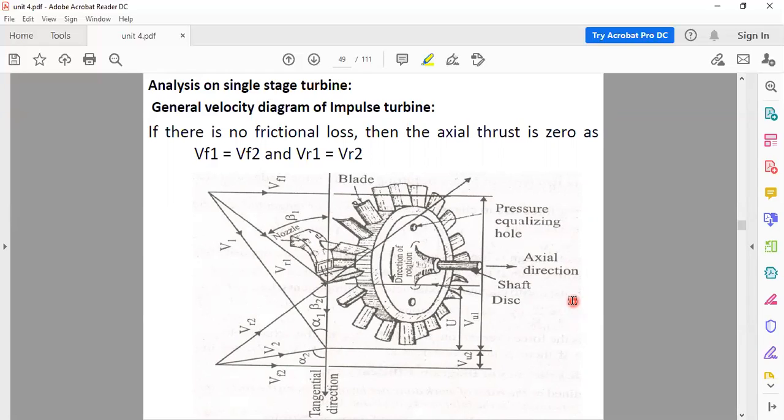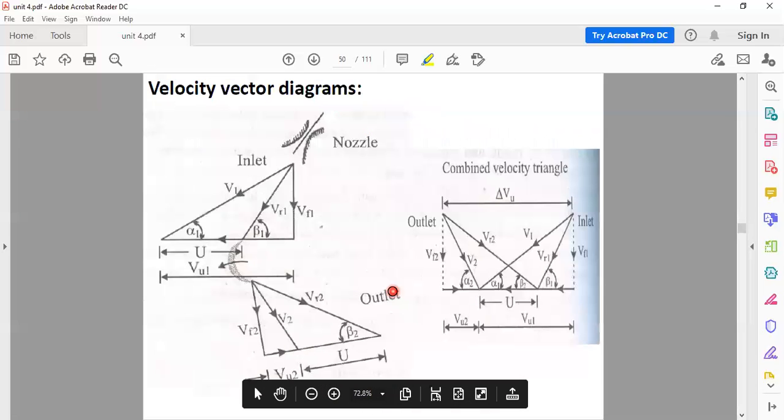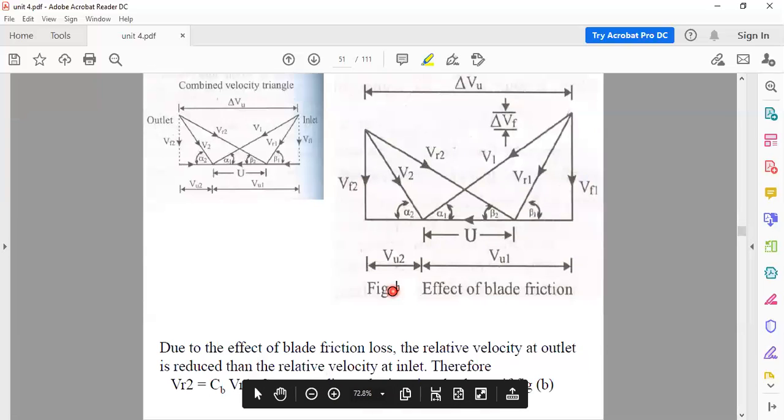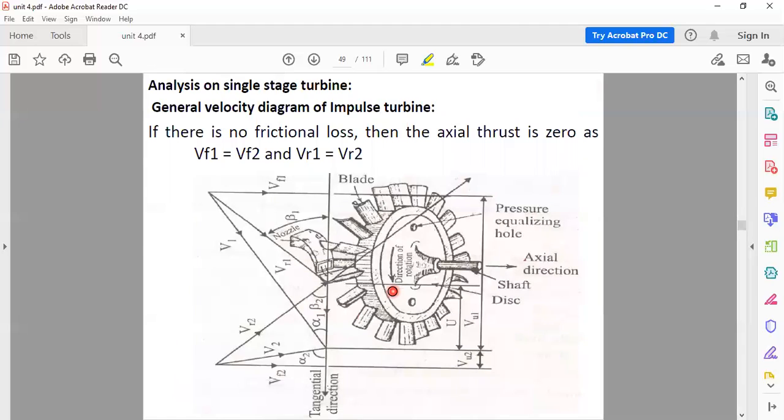In this diagram, we have analyzed the single stage turbine. This article is very big, so we will take it in the next lecture. Today we have stopped here because time is very short.